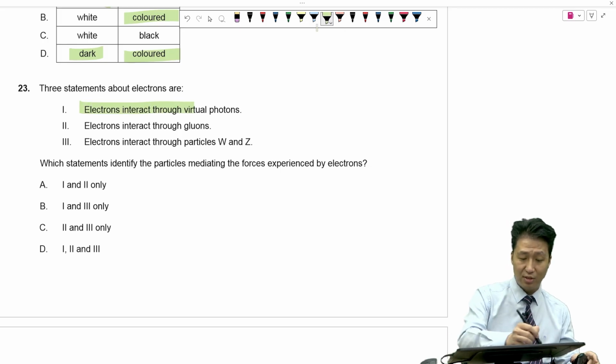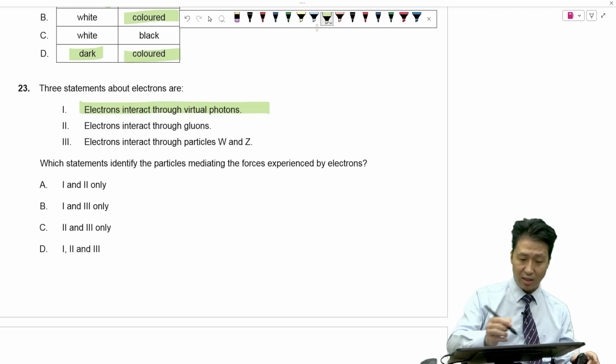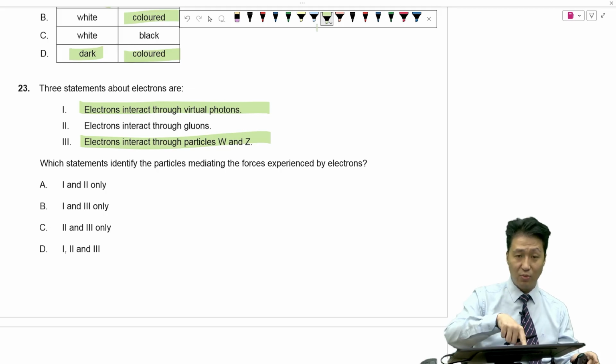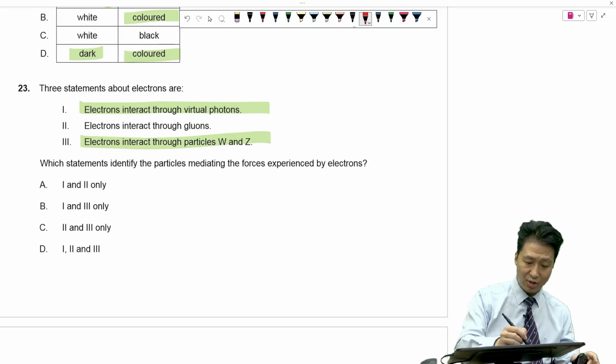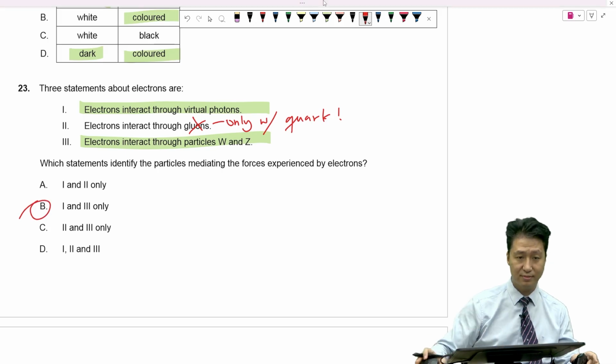So electrons can use photons, which is they can emit photons, they can absorb photons, and they can also emit and absorb omega and Z bosons, which is beta plus and beta minus decay. They cannot interact with gluons, so gluons only interact with quarks. So the answer should be 1 and 3, B.